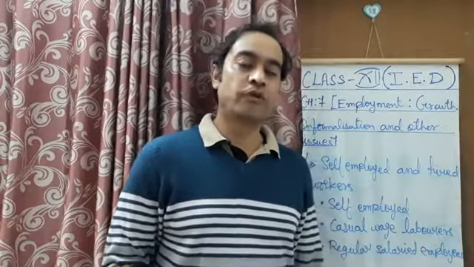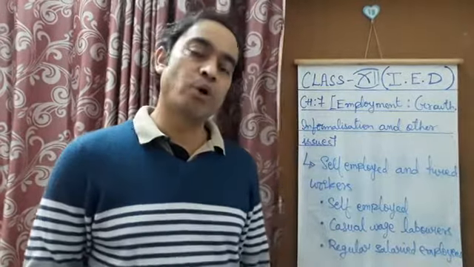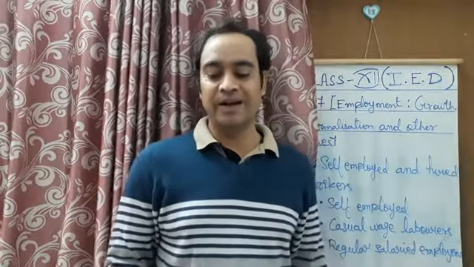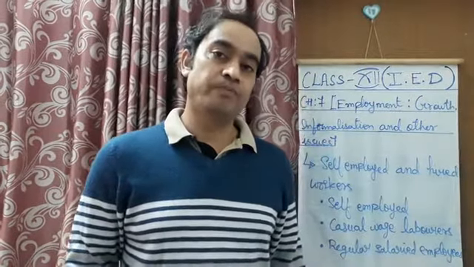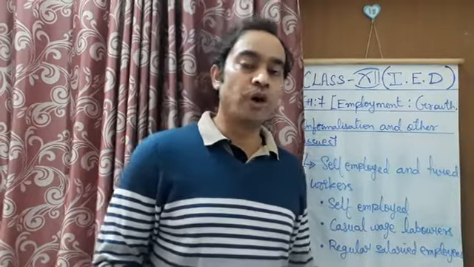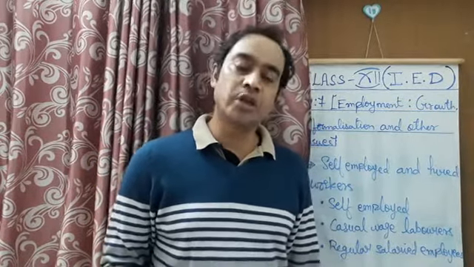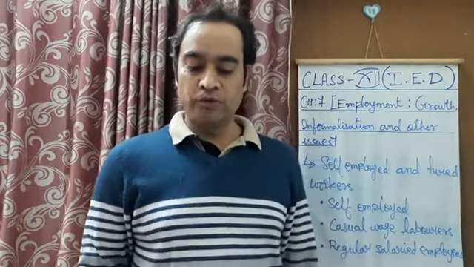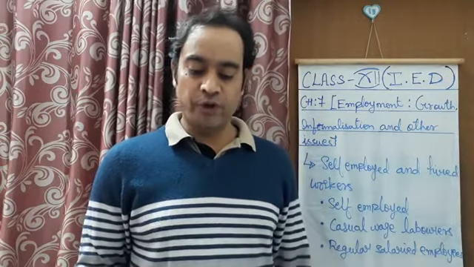Through the status of work only can we find out the quality of employment in the country. So it is very important that we know the status of employment, what type of work the people are engaged in. That will tell us the status of work in the country. To find this out, there are different dimensions.